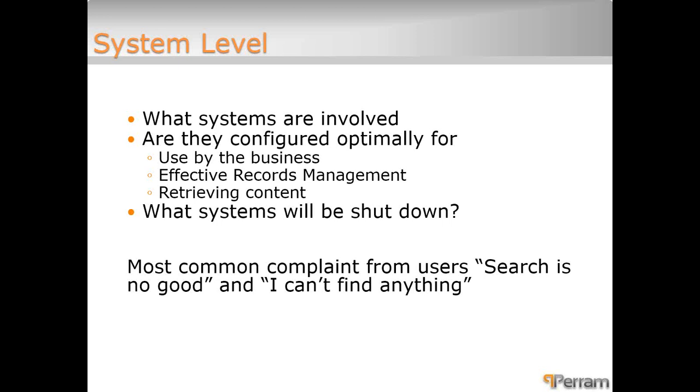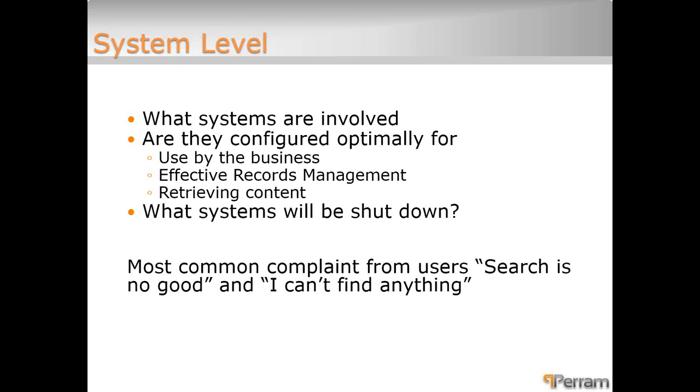By far the most common complaint that we hear from organizations that come to us, they say, we have put some stuff in the ECM system, but our users keep saying, or in SharePoint, right, if SharePoint is your target ECM, but our users say search is no good. I can't find anything. Well, we need to think about that, because that's not a product of the system.